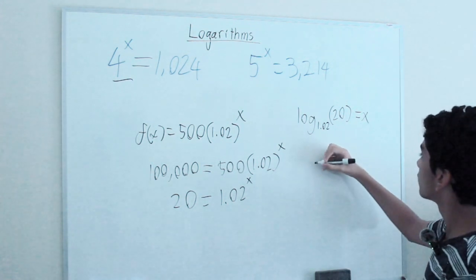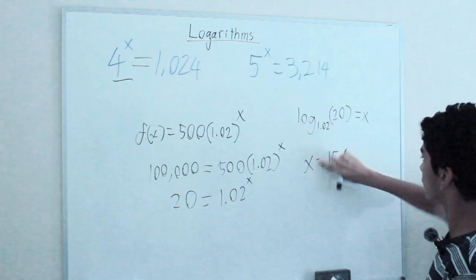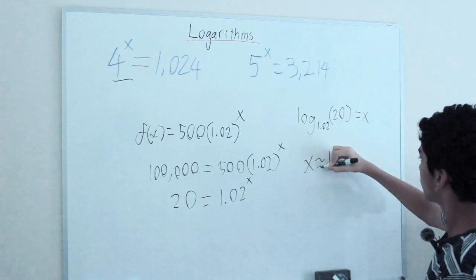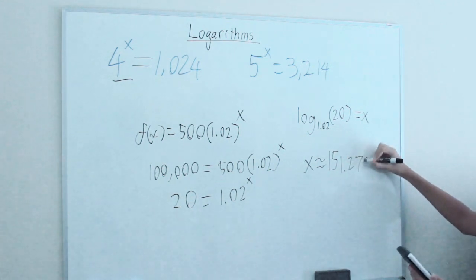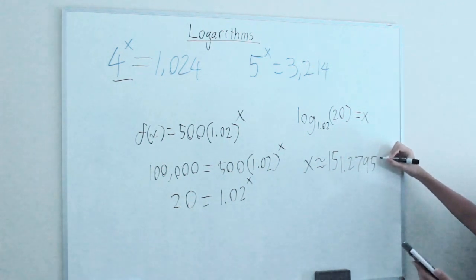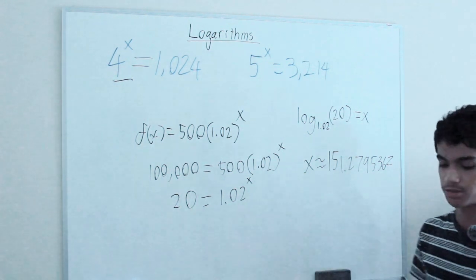That is equal to, x is approximately equal to 151.2795. And this is the number of years that it takes for this bank account to reach 100,000.